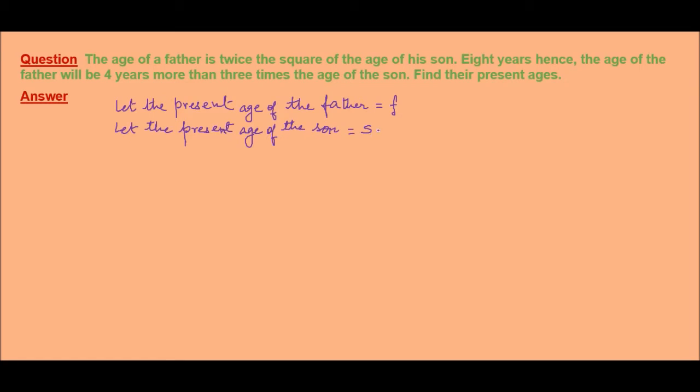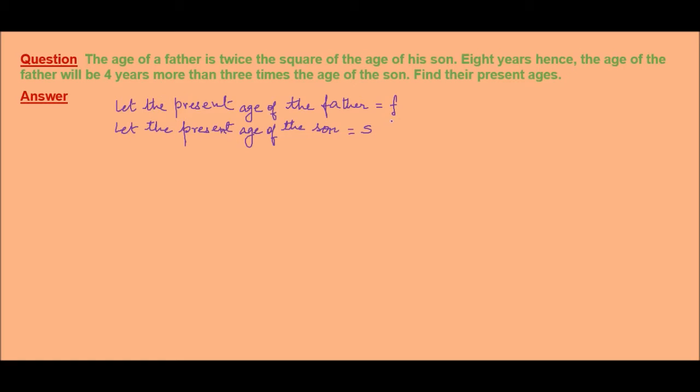But on seeing x, no one will be able to say what it stands for, whether it is the father's age or the son's age. And at the time of examination, if you get confused, your whole sum will go wrong. So, I would strongly recommend you to take variable names which will be suggestive of the objects that they represent.